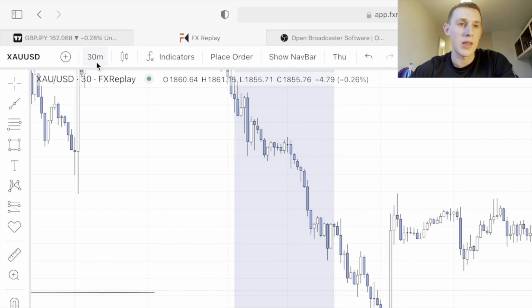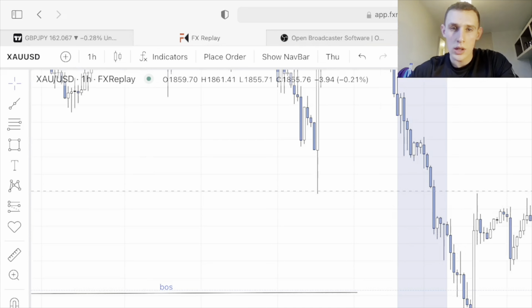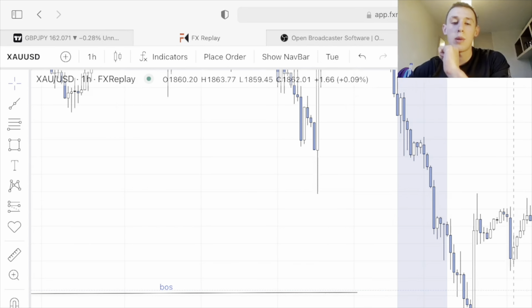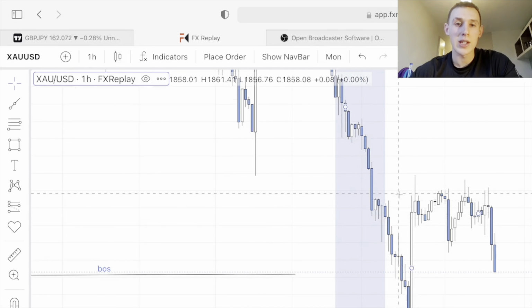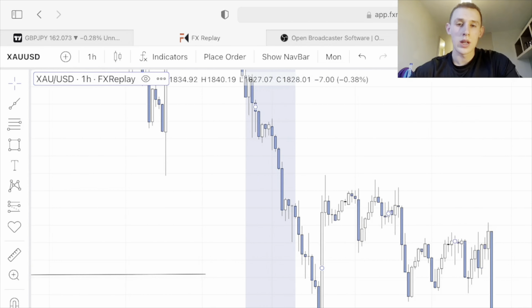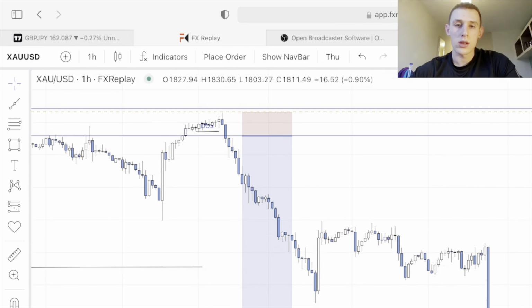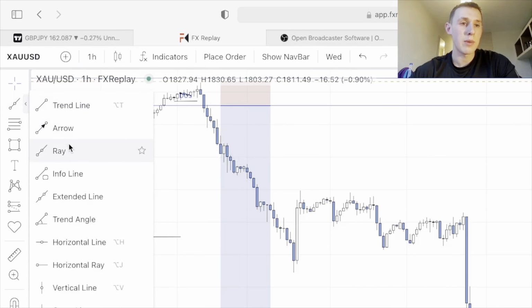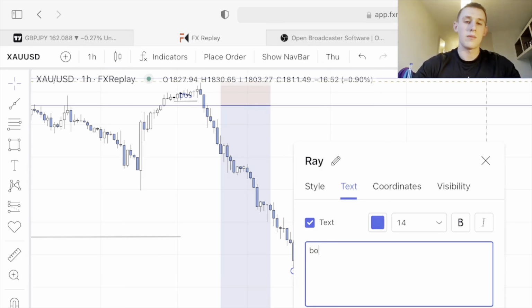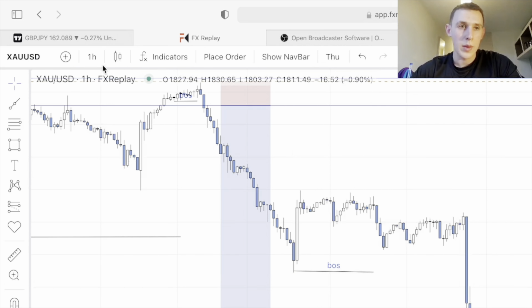Price seems to be liking this level. If we look on the higher time frames, I probably wouldn't take this because there's not really a valid higher time frame level of supply there. We can label this now. We have the further break of structure. There we go.